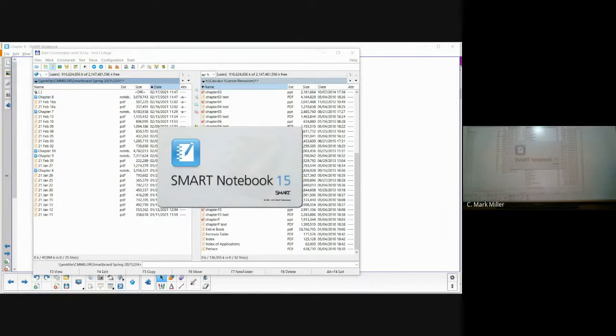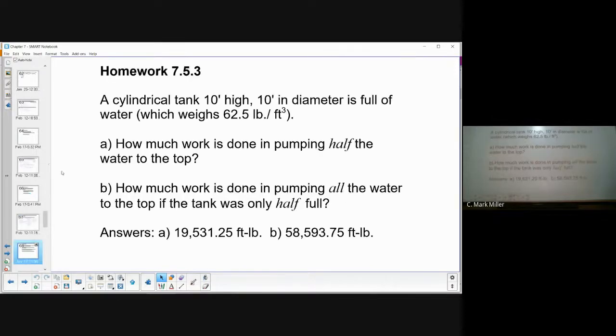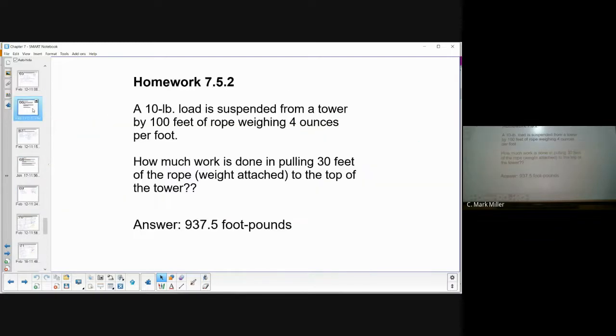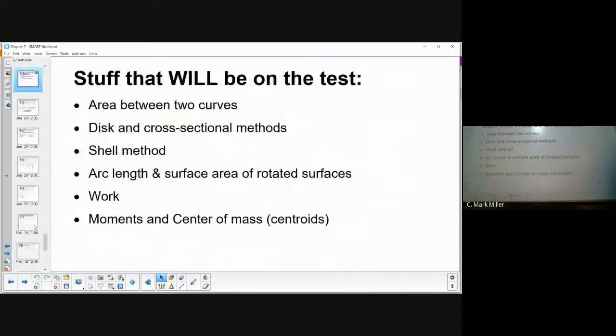In chapter 7, I always put a list of stuff that will be on the test. Page 68. There we go.